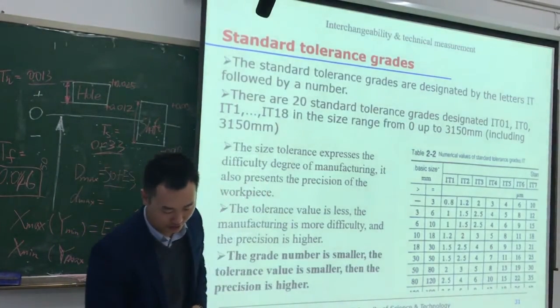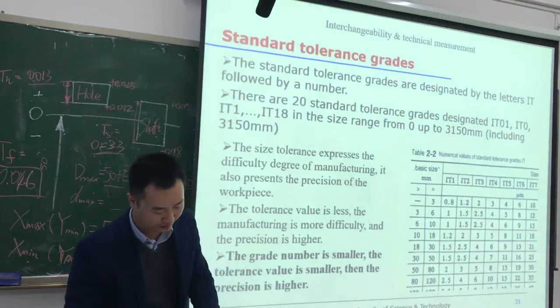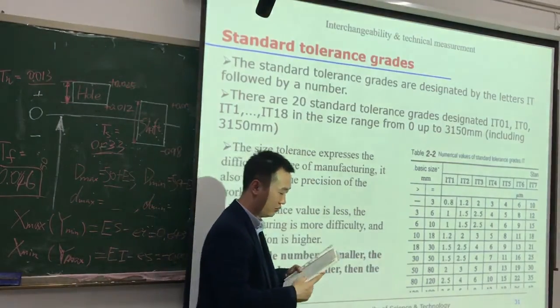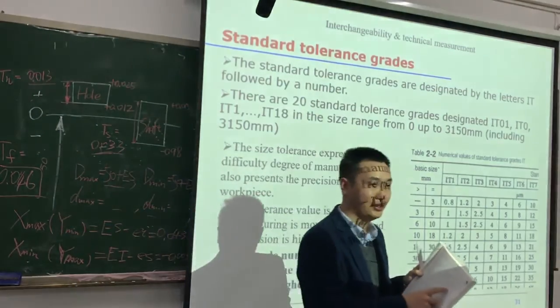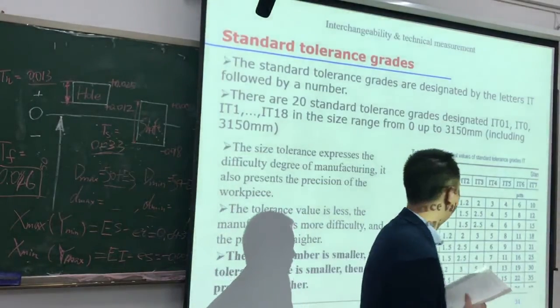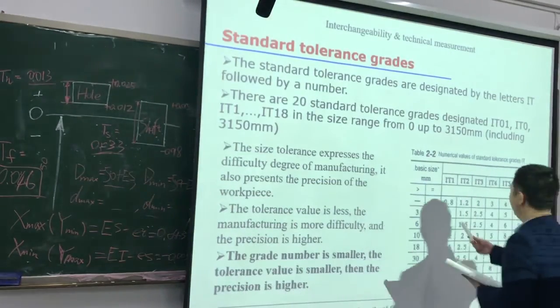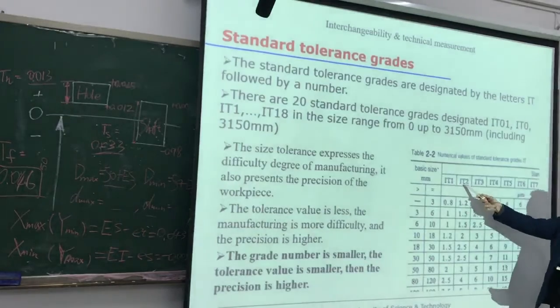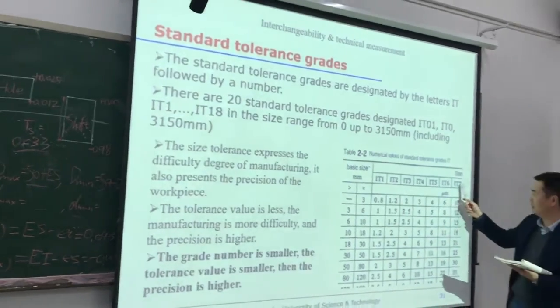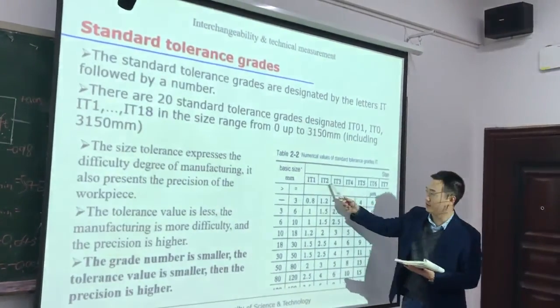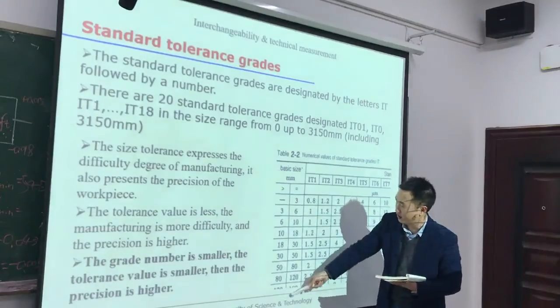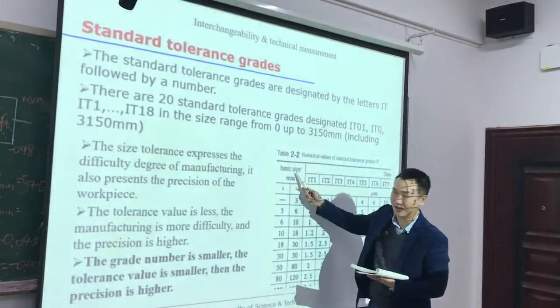You can look at your table 2.4. We need to know how to read this table. You have IT1 to IT18, and in this column you have the basic size.